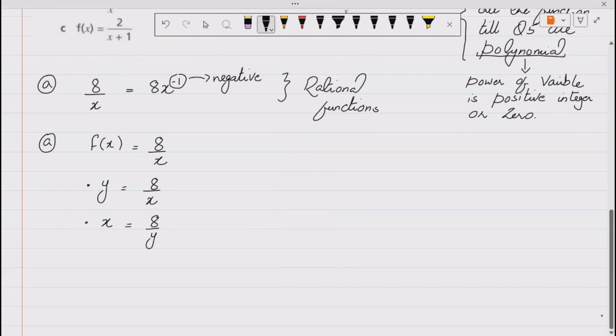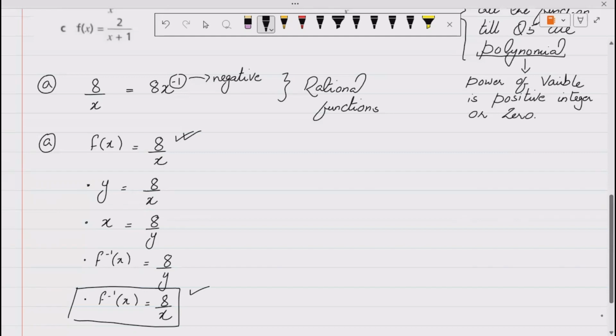In the third step, we replace x with f inverse x, and y becomes x. So f inverse x is 8 over x. You can see that this is again a function which is its own inverse: f of x is 8 upon x, and f inverse x is also 8 upon x.